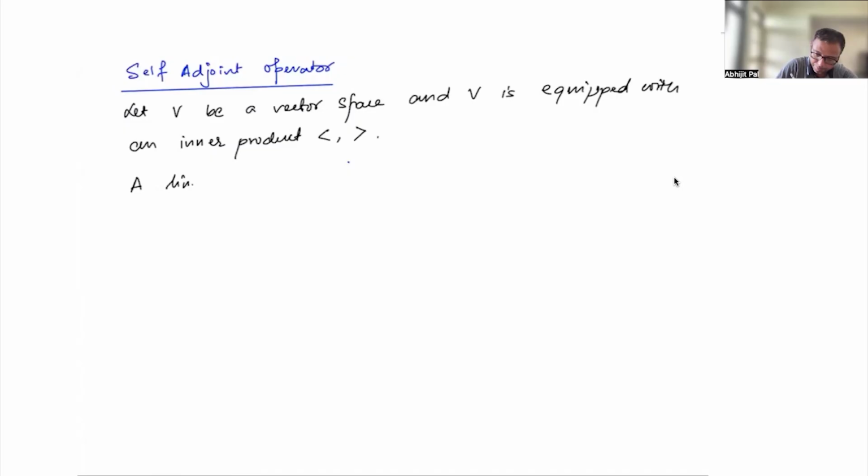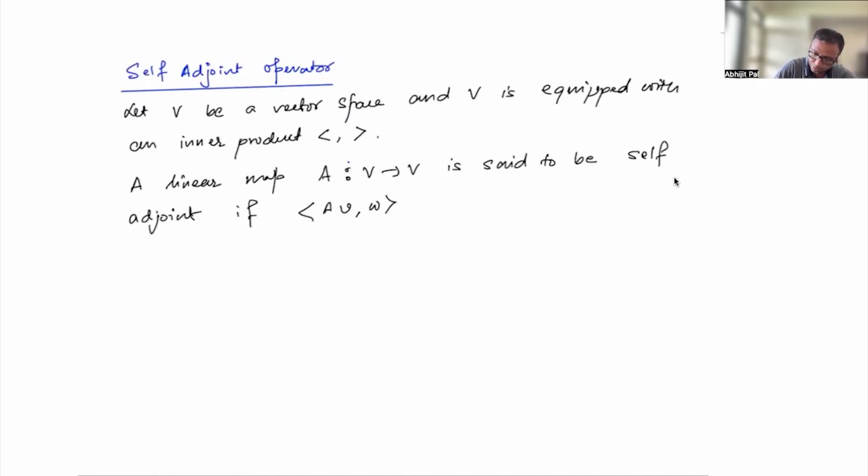A linear map A from V to V is said to be self-adjoint if the inner product of A v, w is equal to the inner product of v, A w for all v, w belonging to the vector space V.